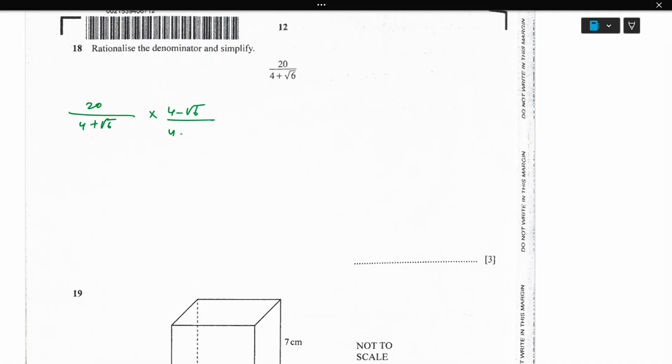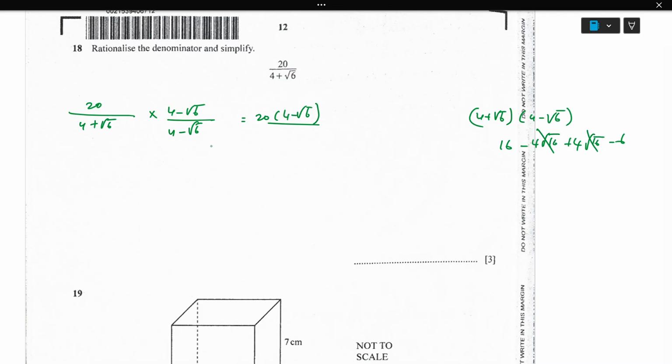Next, question number 18. Rationalize the denominator: 20 over 4 plus root 6. So multiply by 4 minus root 6 over 4 minus root 6, which is 20 times (4 minus root 6) over (4 plus root 6)(4 minus root 6). I'll multiply: 16 minus 4 root 6 plus 4 root 6, minus 6.